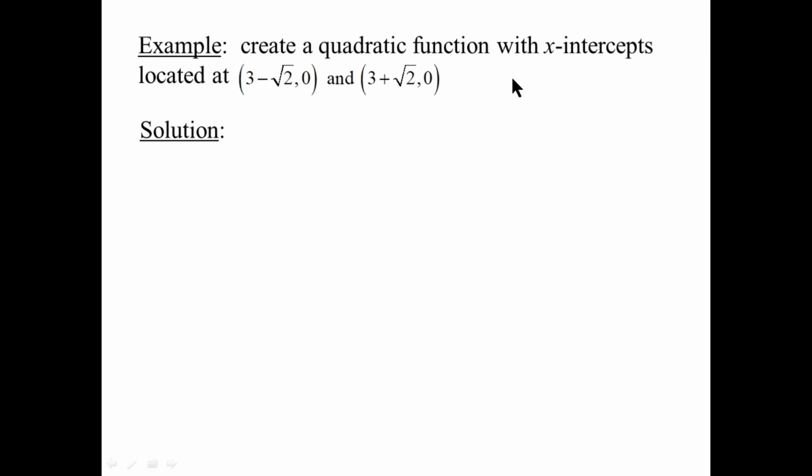Now, it's a math problem, and it's maybe a new math problem to many students. So one strategy is to say, okay, I don't know how to solve this one, but I could think about it and say, well, suppose I wanted x to turn out to be 3, or x to turn out to be minus 2, which is a lot simpler than 3 minus root 2 and 3 plus root 2.